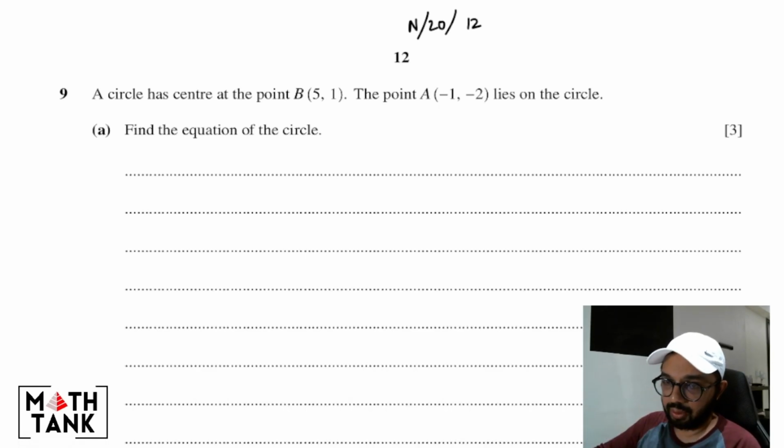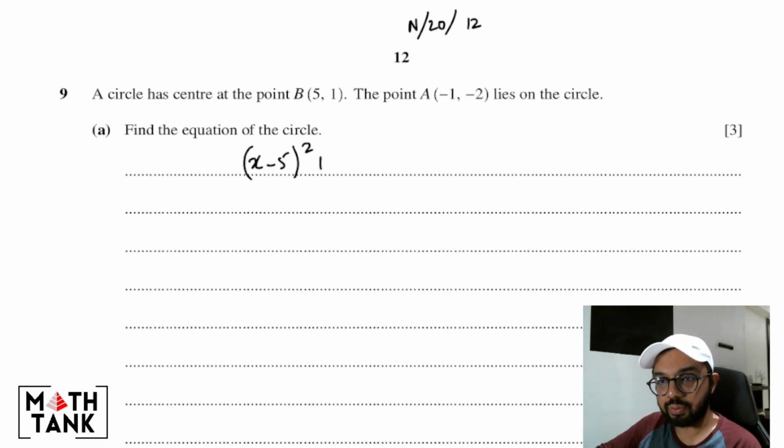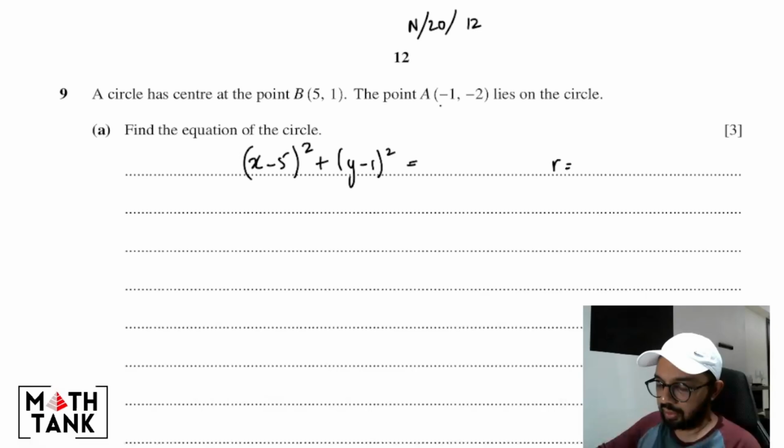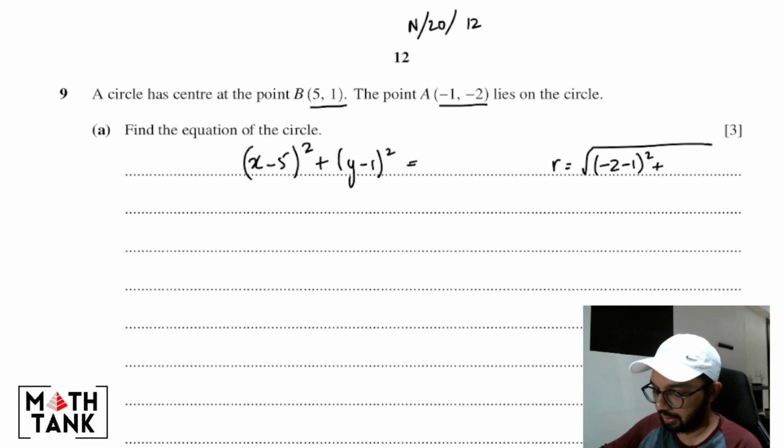So when I want to find the equation of the circle, I need the center and I need the radius. The center is there in front of me, so I'm going to write x minus 5 whole square plus y minus 1 whole square. For r squared, I'm going to find the radius. Radius should be the distance between the point that lies on the boundary and the center of the circle. Since minus 1 comma minus 2 lies on the boundary of the circle, I'm going to say minus 1 minus 5 whole square and minus 2 minus 1 whole square.